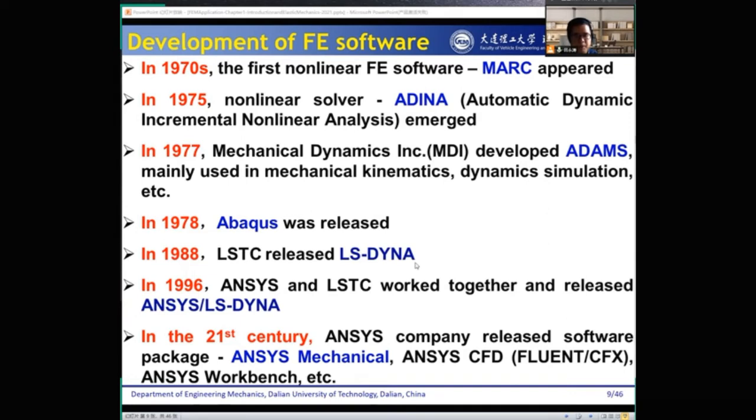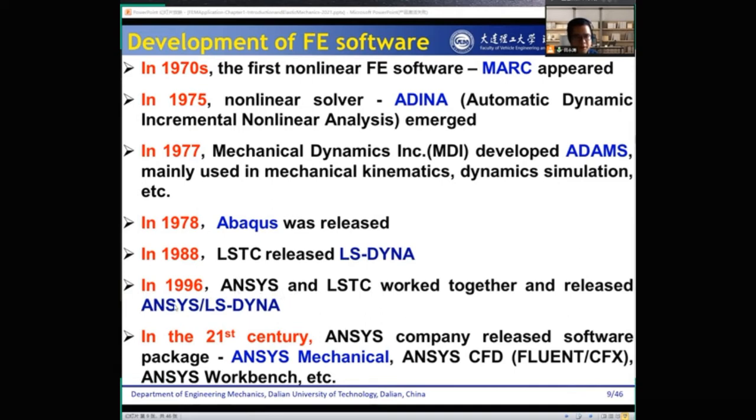In the car industry it is widely used for car crash simulation, but nowadays it is also used for other dynamic scenarios. In 1996, another major software, ANSYS, was released.